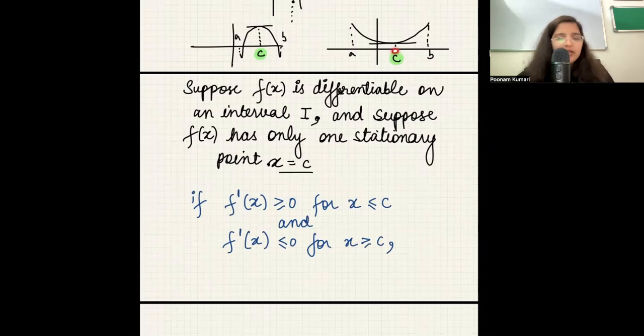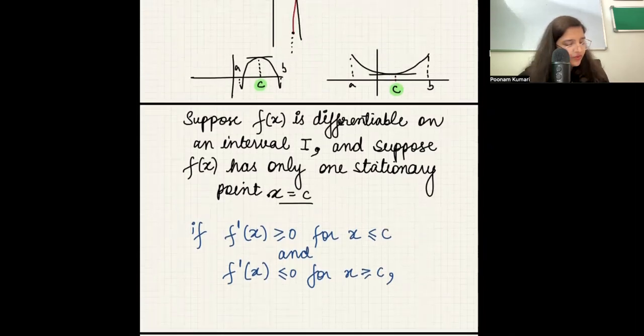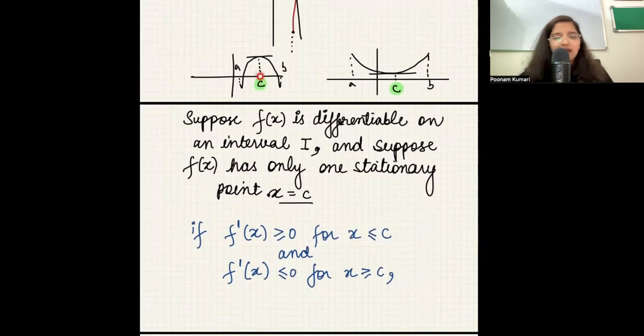For whatever point you have, let's say this is my point c, if on the left of c your derivative is greater than or equal to 0.